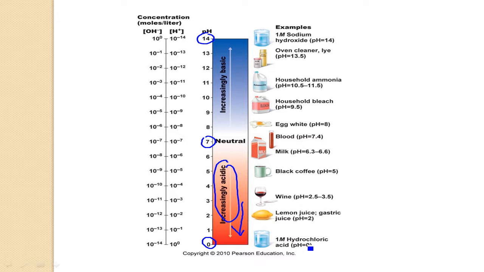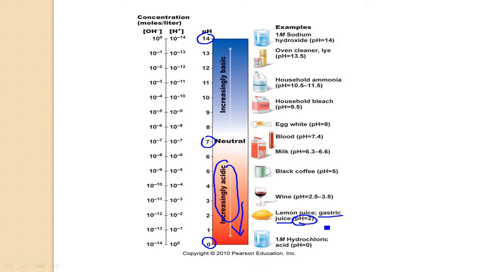They've got hydrochloric acid as a 0. Stomach contents may be around 2. Lemon juice, which is similar to gastric juice, there's your pH of 2.